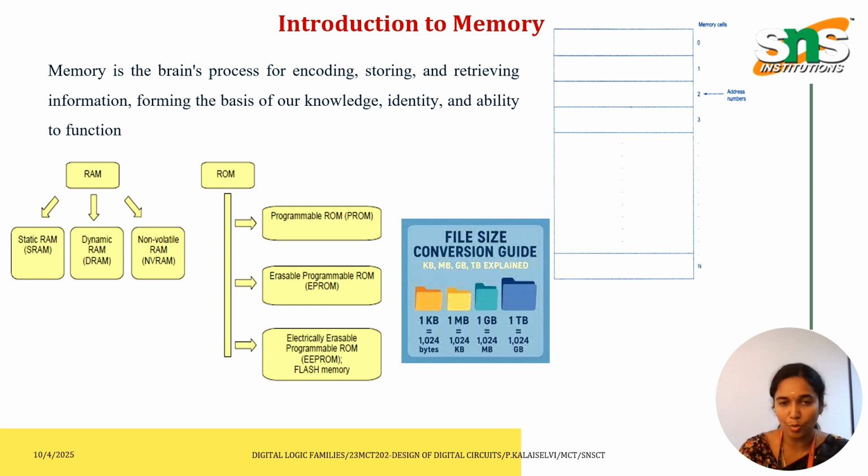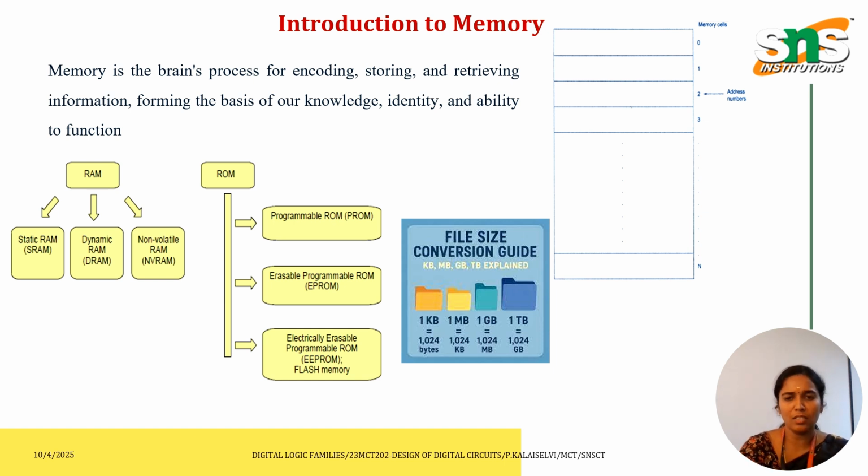We already use this in your mobile phone and your pen drive, right? It's a 16 GB or 8 GB pen drive. Likewise, 1024 gigabytes is equivalent to 1 terabyte. These are all the file sizes of memory.